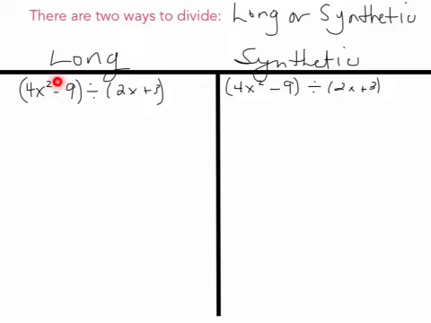So we still have to represent that. So we have a kind of a placeholder, 4x squared plus 0x minus 9. So you see how it's the same thing because 0x is 0, but we do need to represent that when we're dividing. So I'm going to move this up here a little bit, and then we're going to do 4x squared plus 0x minus 9 divided by this 2x plus 3.